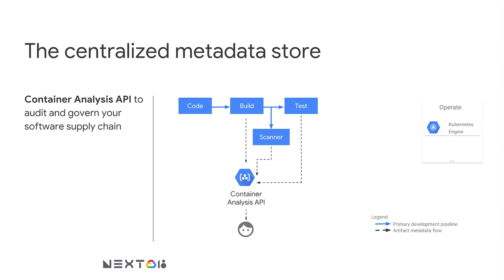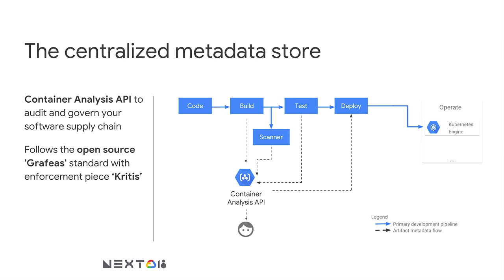It goes through the scanner, which writes standardized metadata around vulnerability findings for the image. So by the time the image comes to deploy, controls such as binary authorization can take a look at all the metadata produced in the Container Analysis API and apply policies and controls to determine what can deploy in production. So binary authorization's signature format is just one of the metadata types that the Container Analysis API supports.